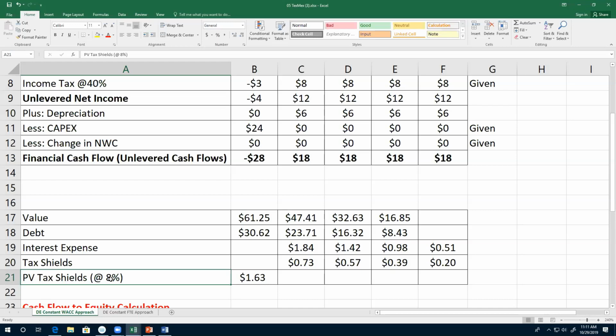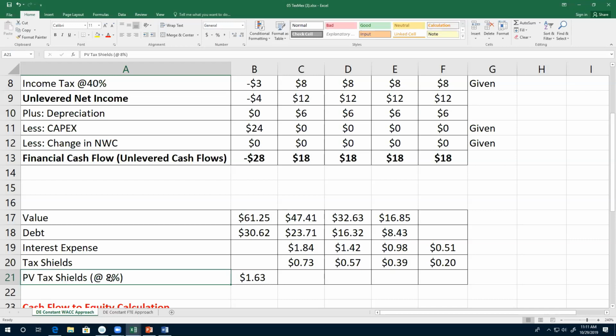Every cash flow needs to be discounted at its appropriate discount rate. If some cash flows are more risky than the others, then they need to be discounted at a higher rate. So just because we're breaking them up is not a sufficient condition to use the same discount rate.